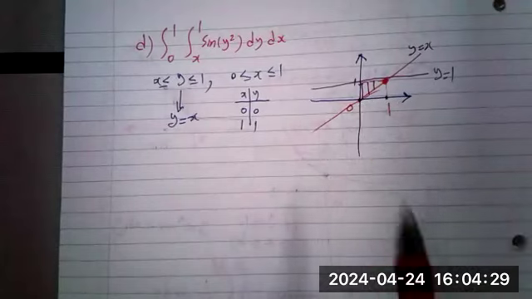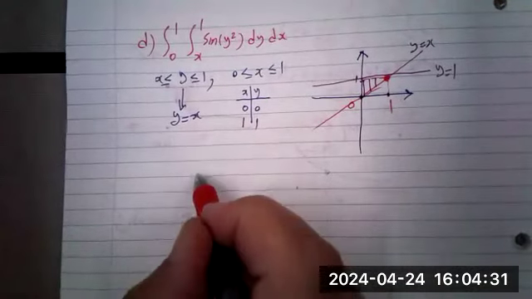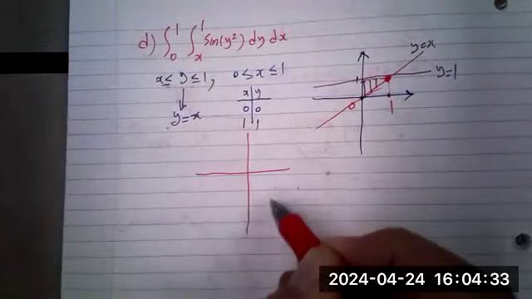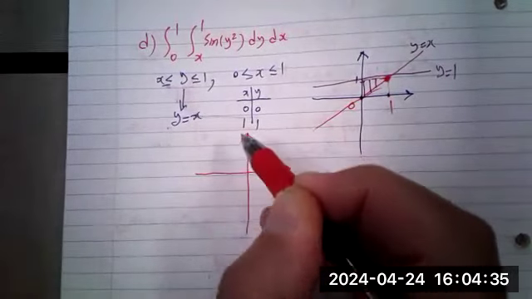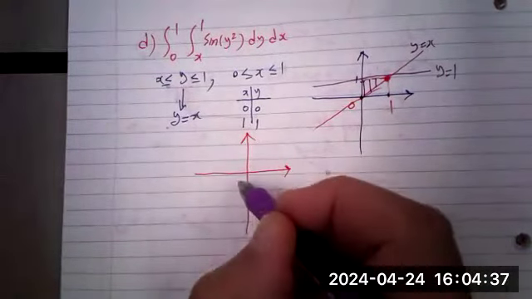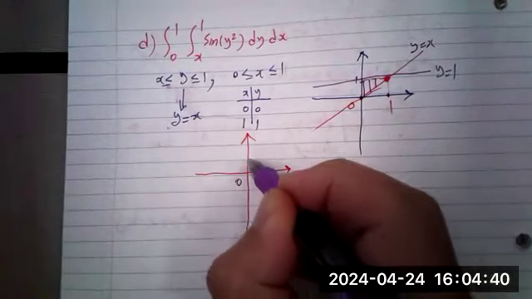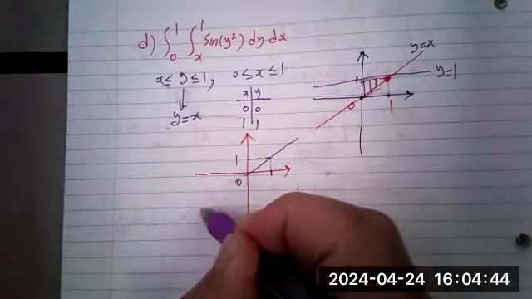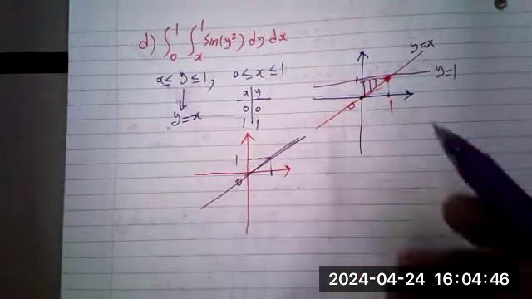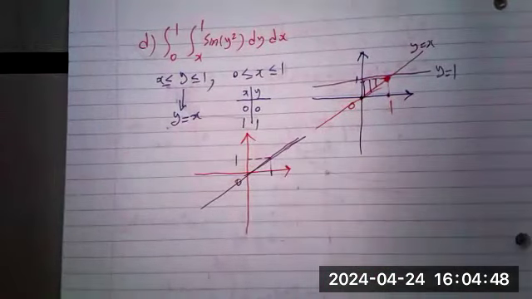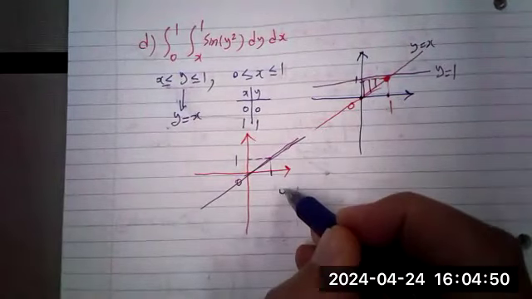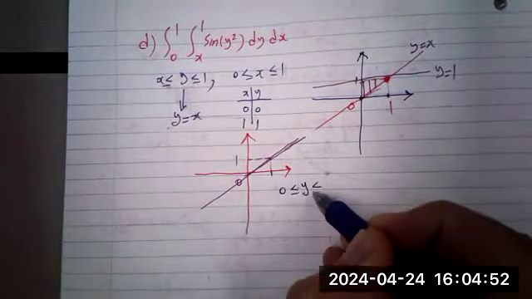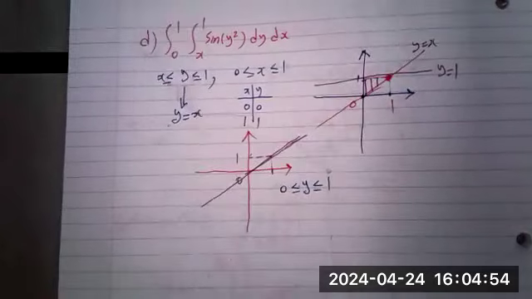Now we want to reverse it. So we fix the y and we go from right to left. The region is going to be the same one, but the order is going to be different. This is the region that we have. So we fix y, going from 0 to 1. If you go up and down, we get 0, 1.